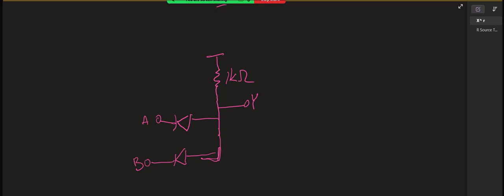Okay, say this is 0.6 volts up here. And A is still 3 volts, and B is 1 volt.